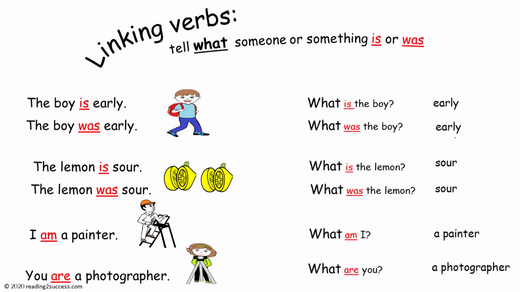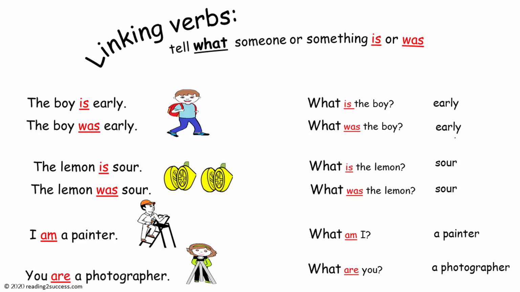Let's go down to the next two sentences. The lemon is sour. Is links the lemon to sour. And in the next sentence, was is past tense, and was is the linking verb that links the lemon to sour.